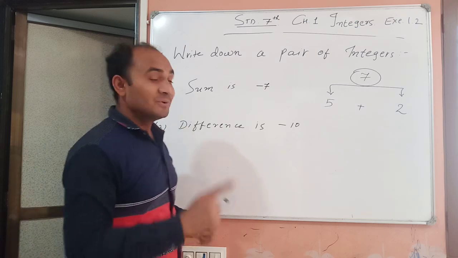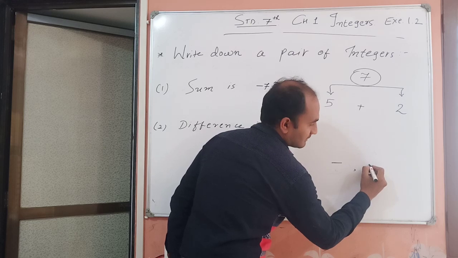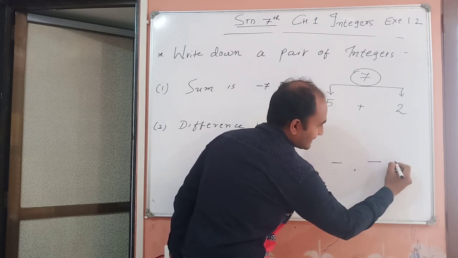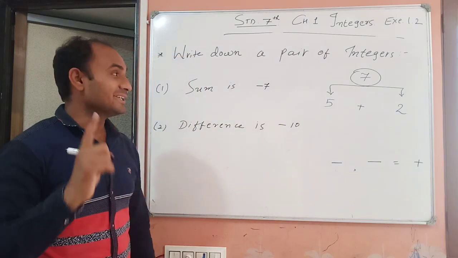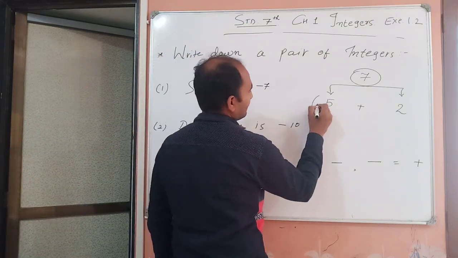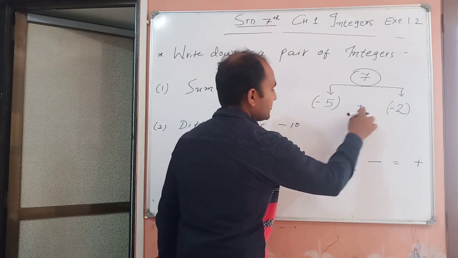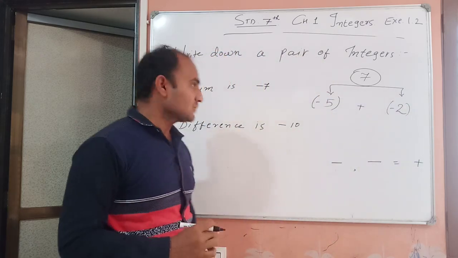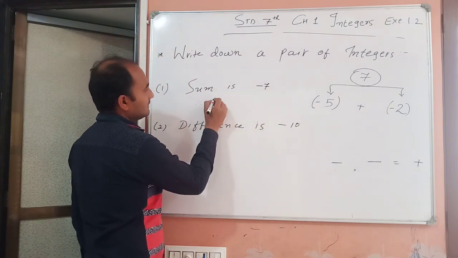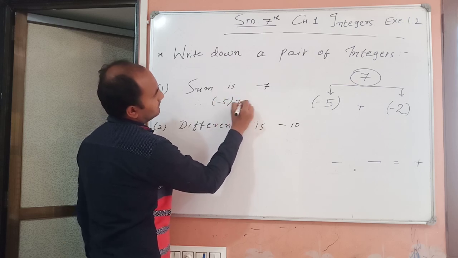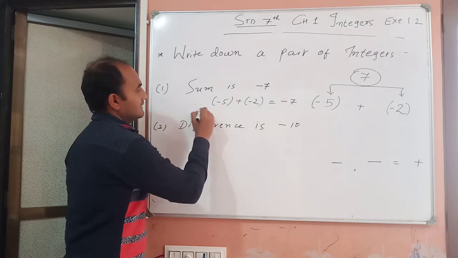So we have to remember that minus, comma, minus is equal to plus. That means the integers will be negative. So here we have to put -5 and -2, and between them is the sum. Therefore the sum is -5 plus -2 is equal to -7.